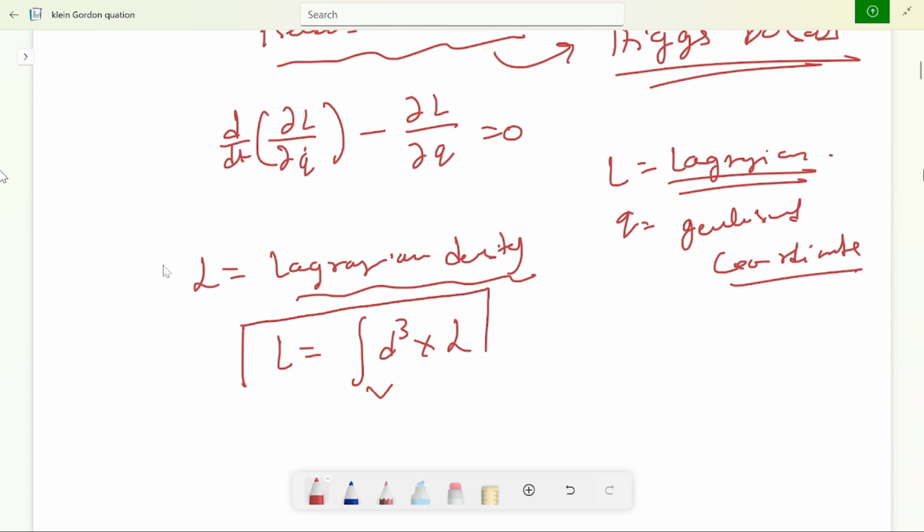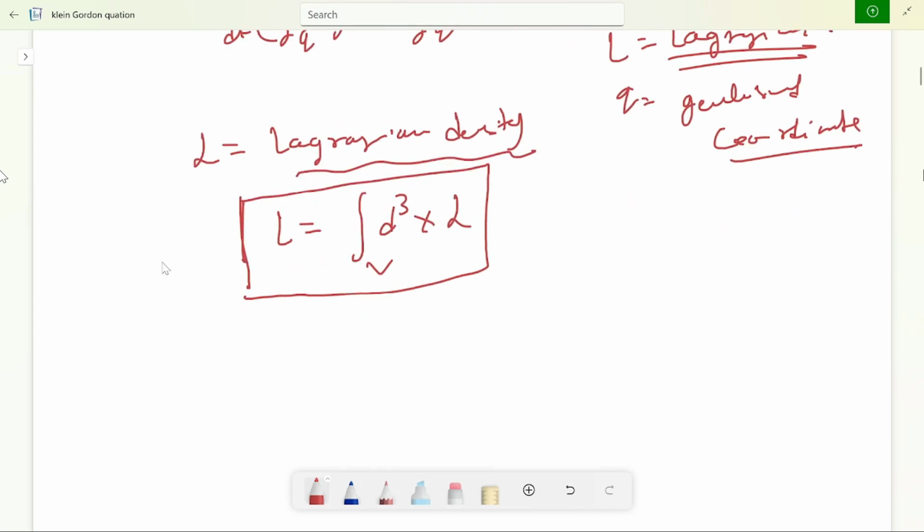And then how do you obtain the usual action? The action integral is defined as S equals the usual integral of your Lagrangian with respect to time.